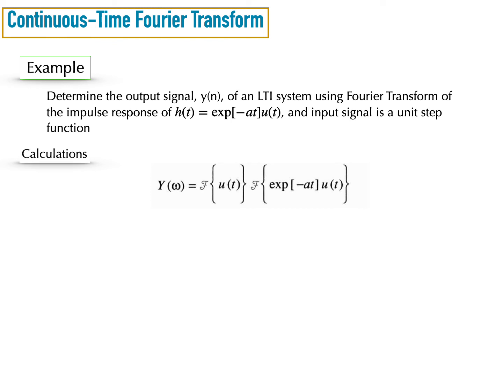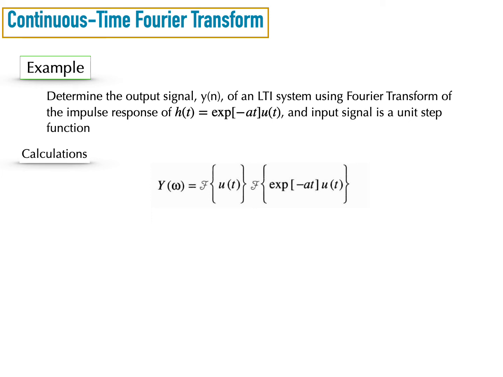The output y(t) in the frequency domain is represented with capital Y of omega, where omega represents the frequency. It is a product of the Fourier transforms of the unit step function, or input, and the impulse response of this system.